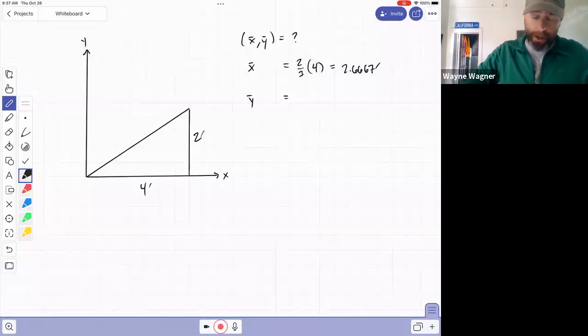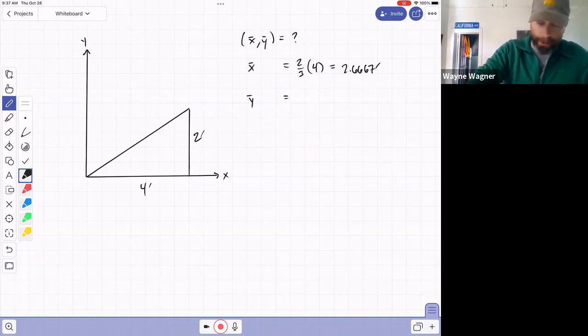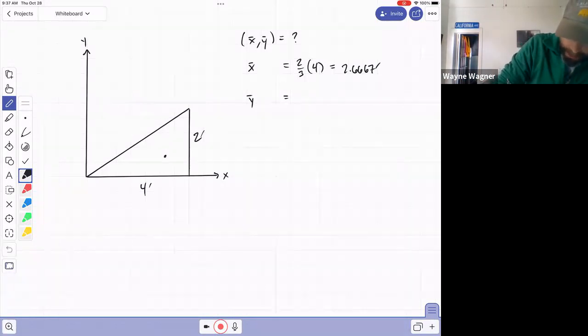In this case, Y bar, this is a triangle, so it's going to be 2/3 of the way through, or 1/3 depending on which side you go. Remember, the centroid is kind of like the center of the area. So I already know the answer in this case.